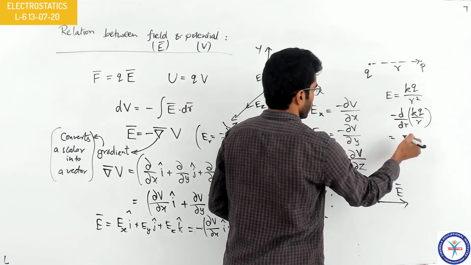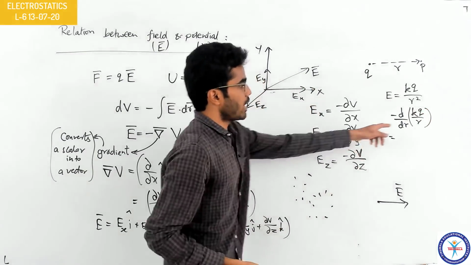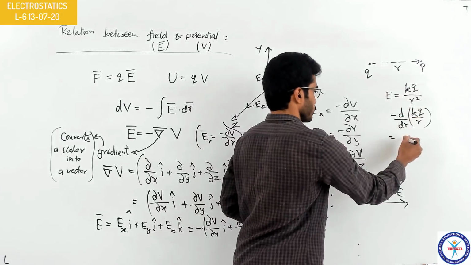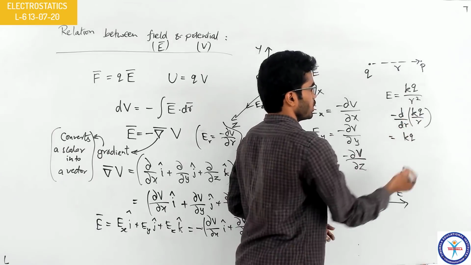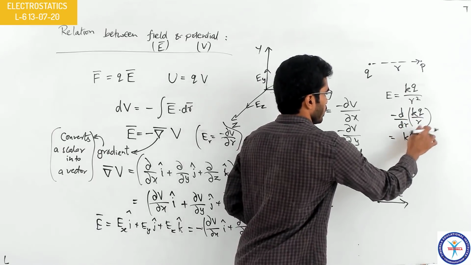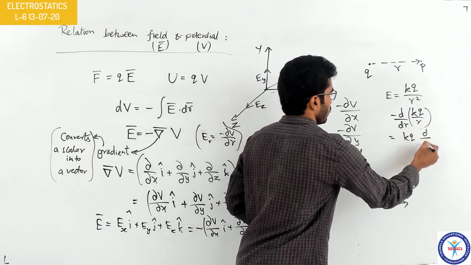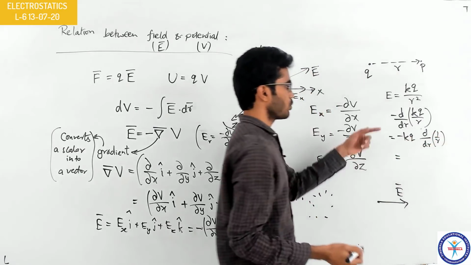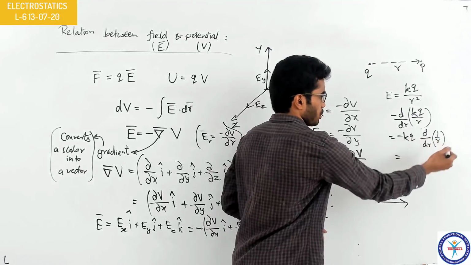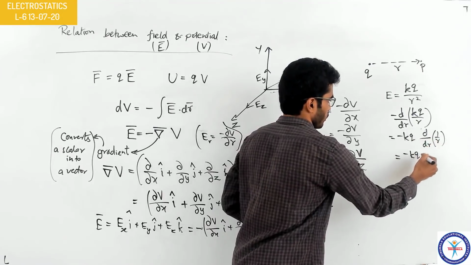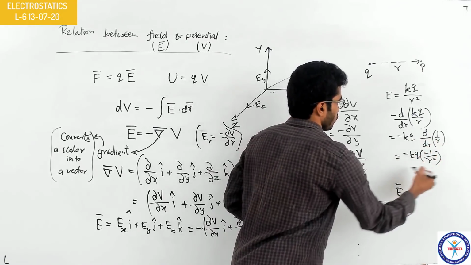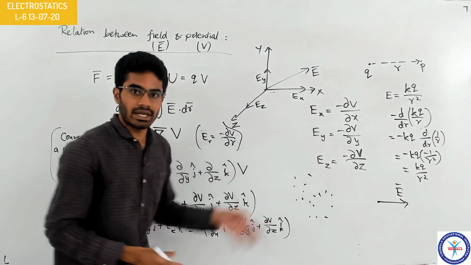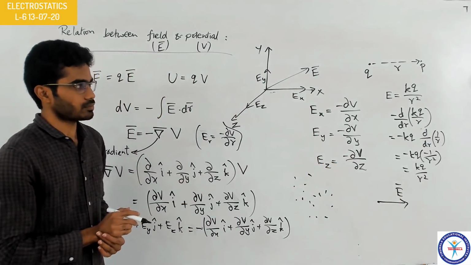So what are you getting here? This is r power minus 1, 1 by r square. So this term is kq, you have to differentiate d by dr of 1 by r. What do you get? Negative of that. So this is minus 1 by r square, right? So from this you get kq by r square. So even in radial direction, this works, right?